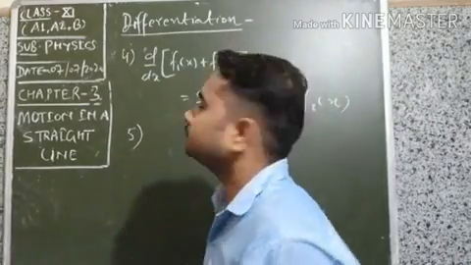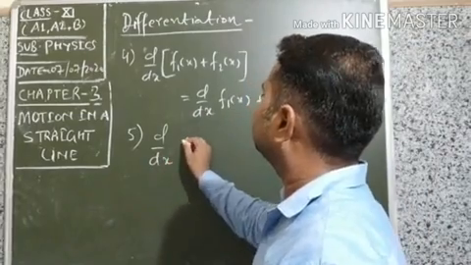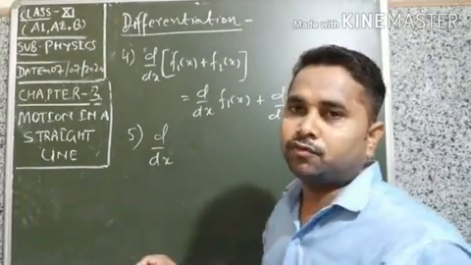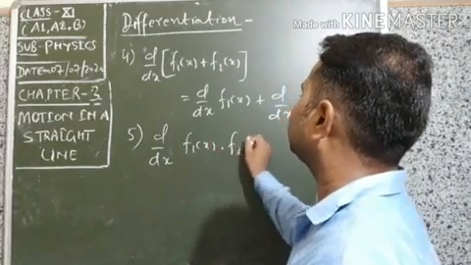Fifth, when we differentiate the product of two functions, now see here, f1(x) into f2(x).